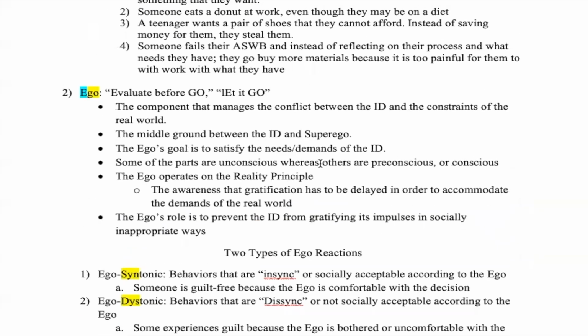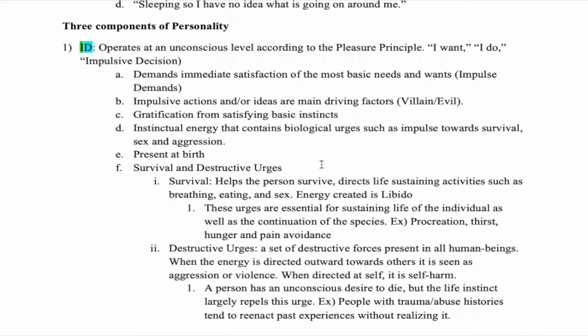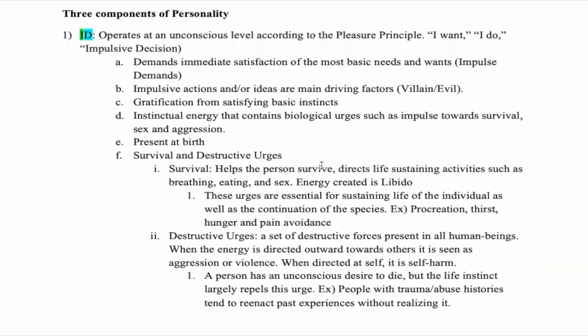So, kind of a quick review of the three components of personality. The id is impulsive decision making, because this is where your mind or personality is trying to live on the pleasure principle of accomplishing all the different things that could give you pleasure.